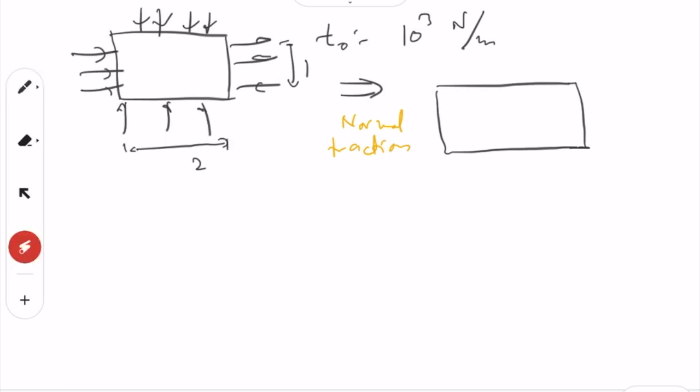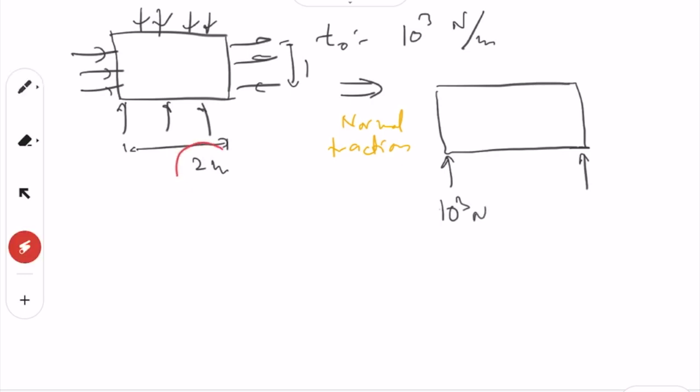So see here, this multiplied by this is the total here. So 2 times 10 to power 3 Newton, right? Since this is in meter, we multiply this by this one, it gives you total force, which is equal to 2 times 10 to power 3, and half of that will go here, half of that will go there, and direction will be like this. So here you have 2 times 10 to power 3 Newton, sorry, just 10 to power 3, not 2, 10 to power 3 Newton.